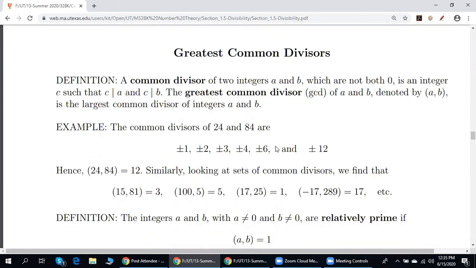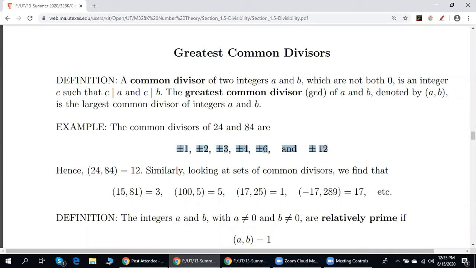For example, let us consider the following two integers. a is 24, b is 84. Common divisors are plus minus 1, plus minus 2, plus minus 3, plus minus 4, plus minus 6, and plus minus 12.